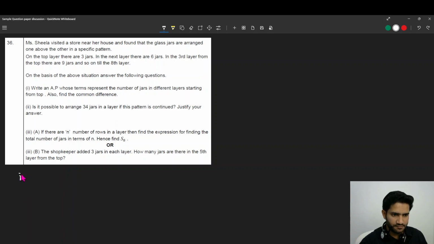First of all, first question: write an AP whose terms represent the number of jars in different layers starting from the top. Also find the common difference.